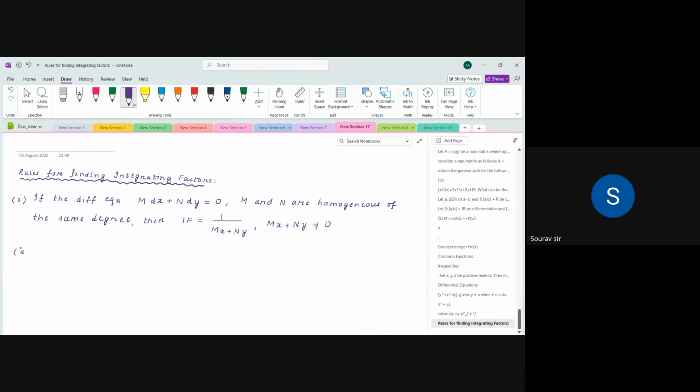Number two, if the differential equation M dx plus N dy is equal to 0 can be expressed in the form f1 of xy into y dx plus f2 of xy into x dy is equal to 0.